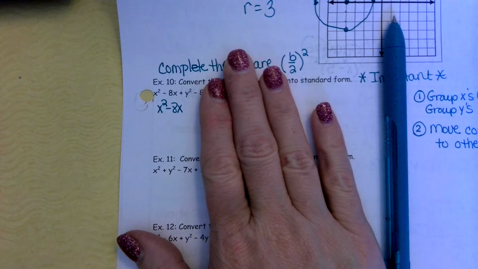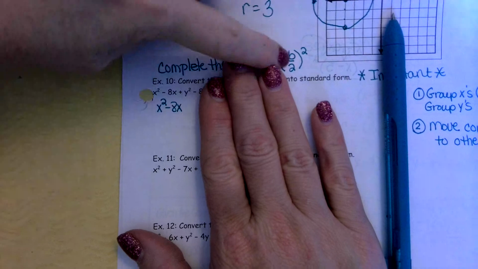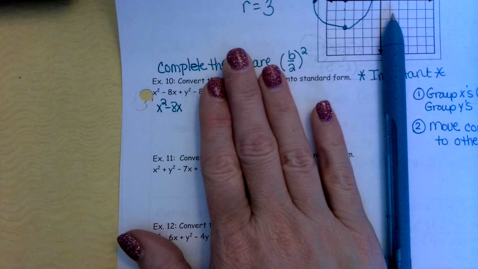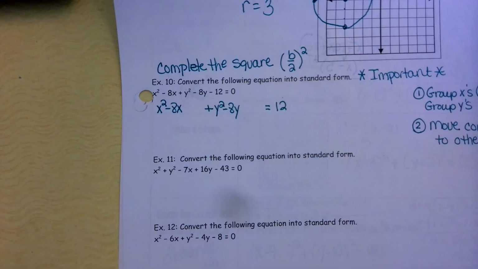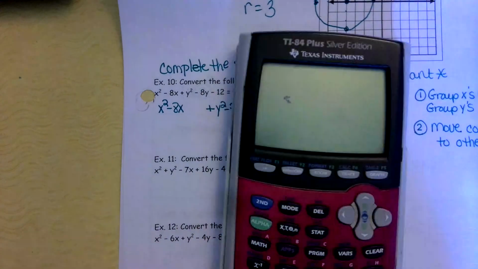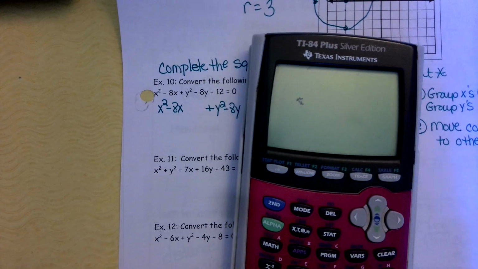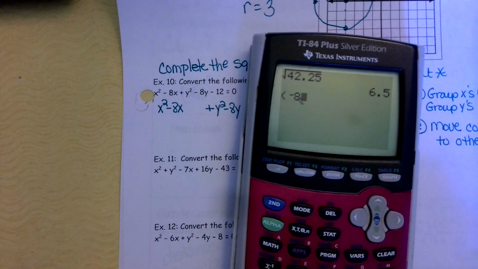Okay, so I told you there's lots going into this. All right, so if you just take the 8 in your brain, what is 8 divided by 2? 4. In your brain, what is 4 squared? You can do all of that in your head. So that gives us 16. Now, oh my goodness, if you need to use your calculator, you're going to go parentheses, negative 8 divided by 2, close your parentheses, and square.